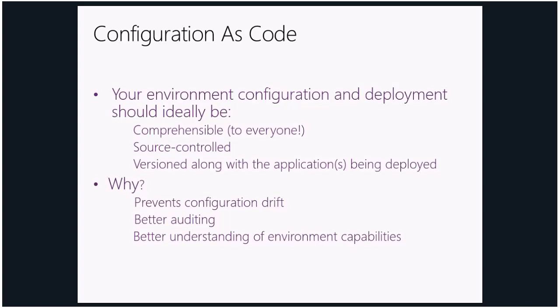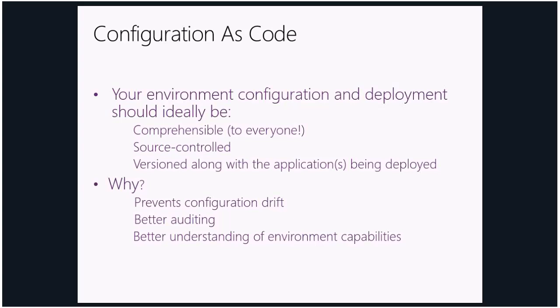You had to change some app pool settings around. You had to change IIS settings. And over time, that configuration drifted from what it was originally. So even if someone had written a configuration document or a configuration script, the configuration drifted off of what you thought it was or what your documentation and your scripts say it should be.